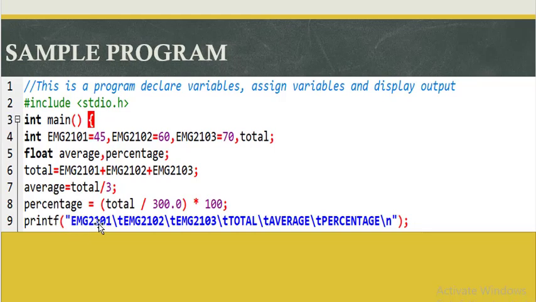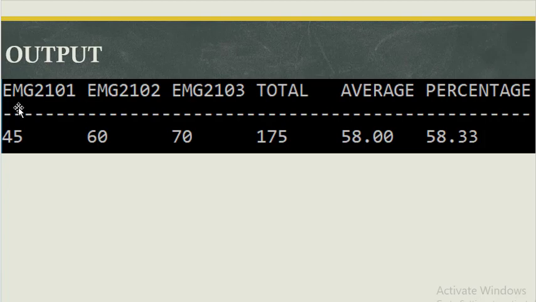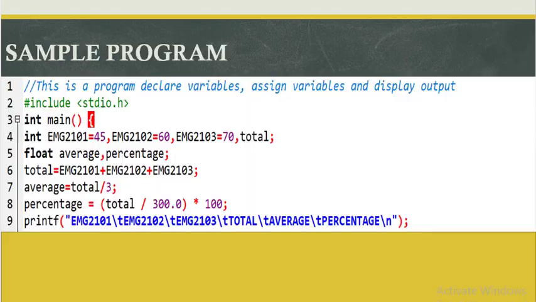So we are going to type EMG2101, then \t, which is a tab space. It gives uniform spacing. As you can see in this given case, there is uniform spacing between those headings. Between each of them, I have put a \t, which gives us uniform spacing.